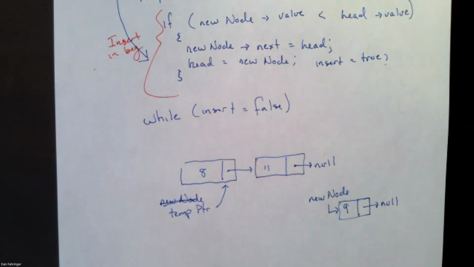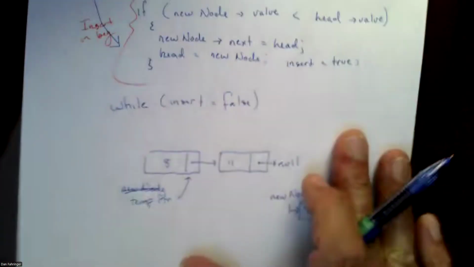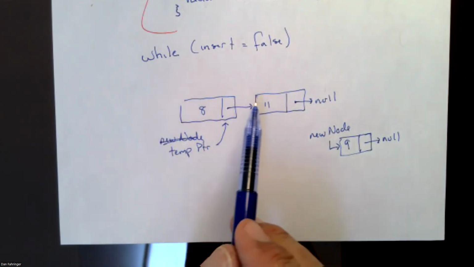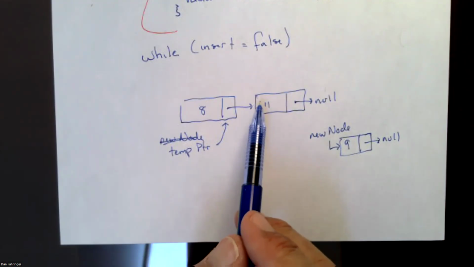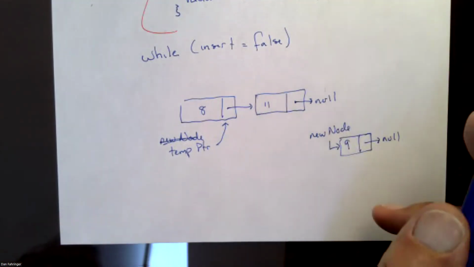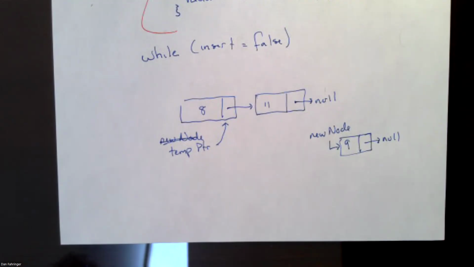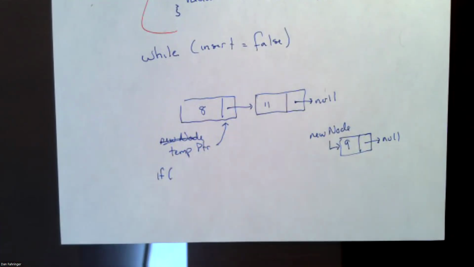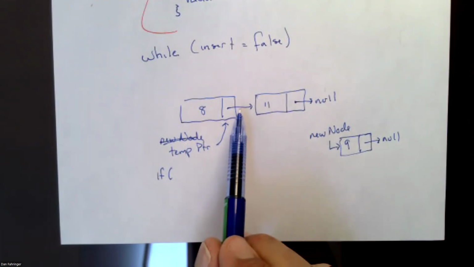So right now I'm here, and I'm going to say, part of that if statement looks like this. We know it didn't go there. I want to find out if it goes here. We made a statement with an if statement. So if, what am I checking for? I'm checking to see if this goes in here.